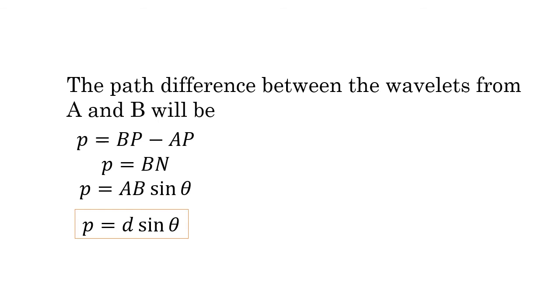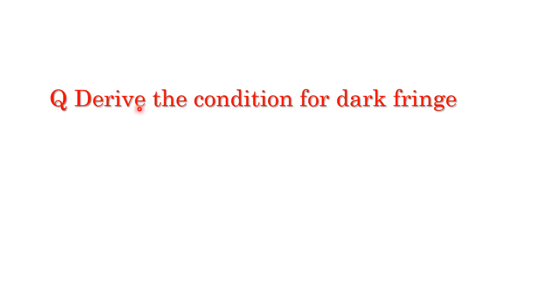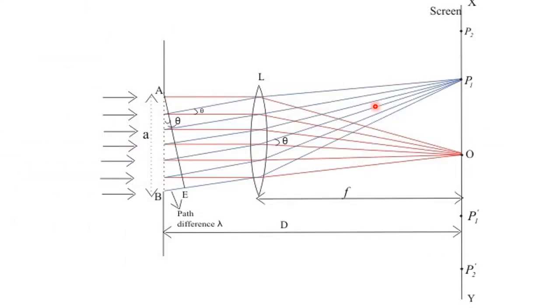Coming to our next question. Derive the condition for the dark fringe. Now, as we have studied in our previous class, a dark fringe will be obtained on the screen when there is a path difference of lambda.